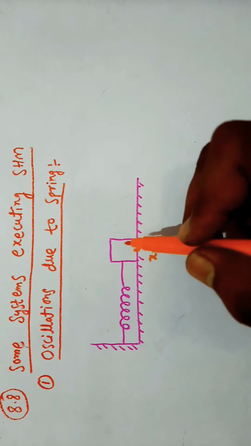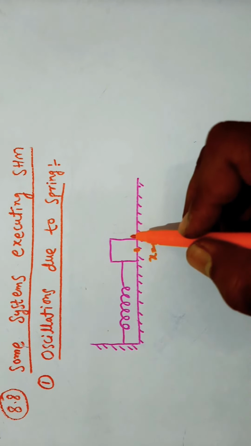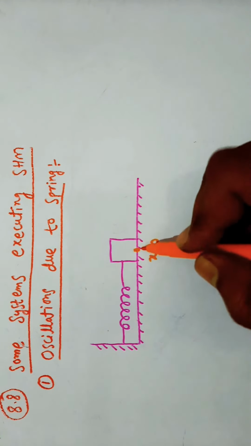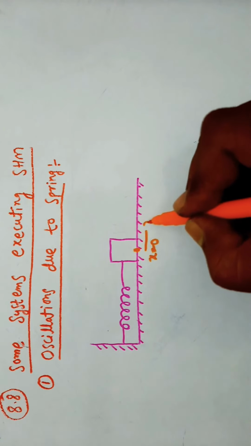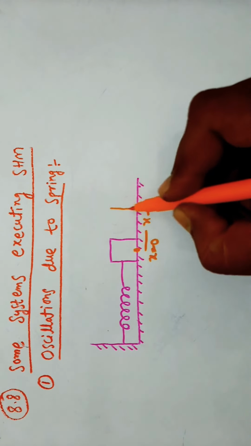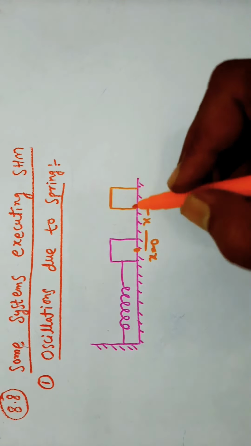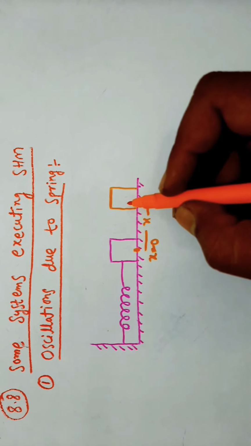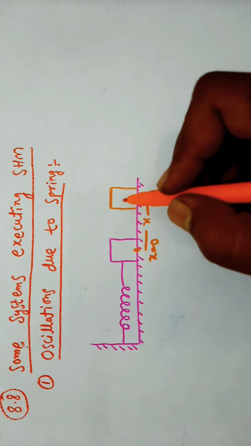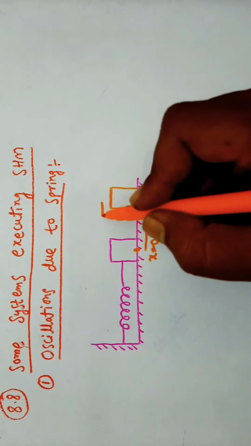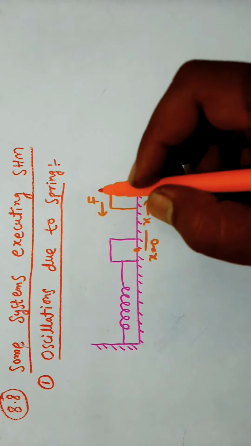So at any time t, the displacement of the block from its mean position is x. So here a restoring force is generated. That restoring force acts towards the mean position.